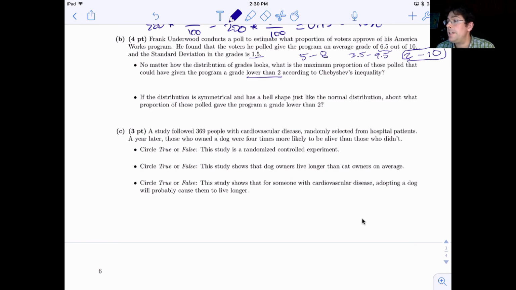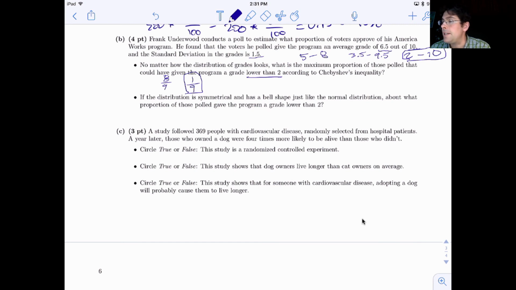Chebyshev's inequality tells us that at least 8/9 of all grades must fall within 3 standard deviations, or 1/9 can fall without. So that's the answer, actually. It's just that there could be 1/9 of them that are lower than 2. You know, 8/9 fall in the range 2 to 10.